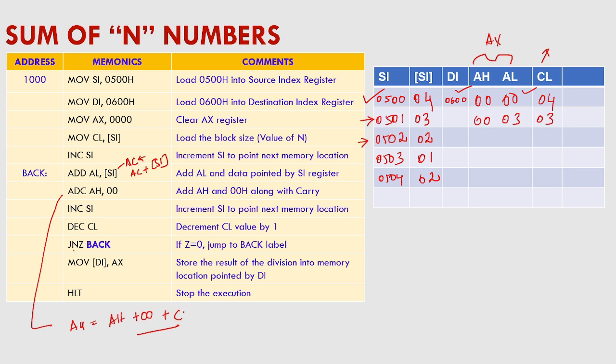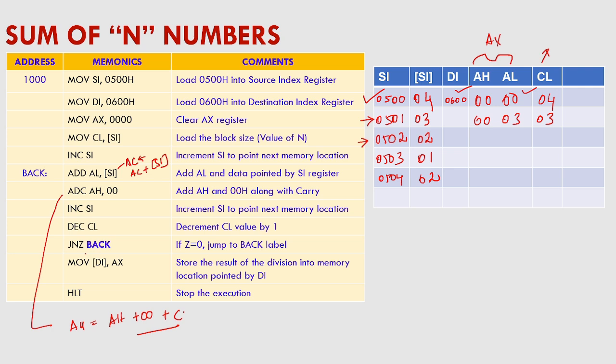Now, very important: jump if non-zero. BACK is a label. While writing a program in the lab, we use an offset address to track this loop, but when writing a program we put a label instead of the offset address.